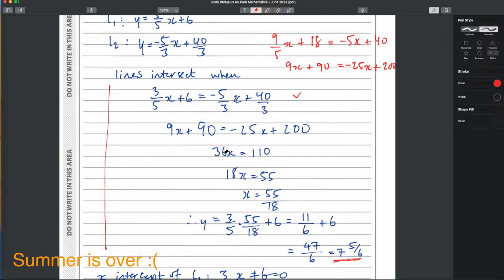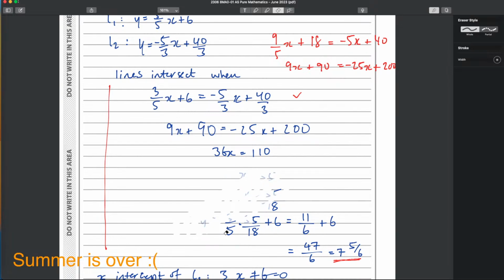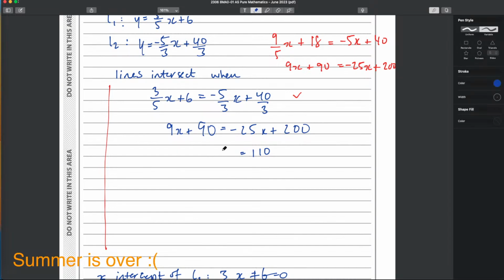Oh, wait. Wow. 9 plus 25. Sheesh. Man. 34x equals 110. So x equals 110 on 34, 55 on 17.